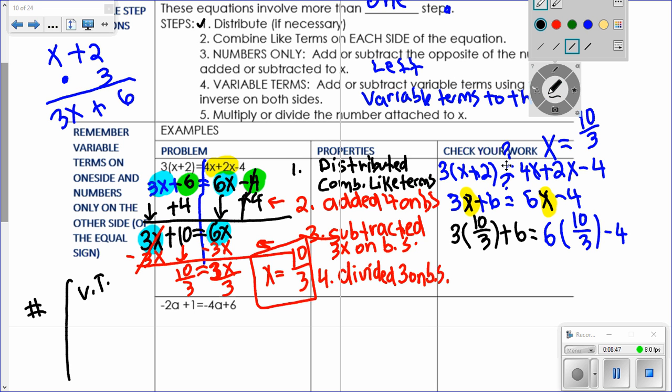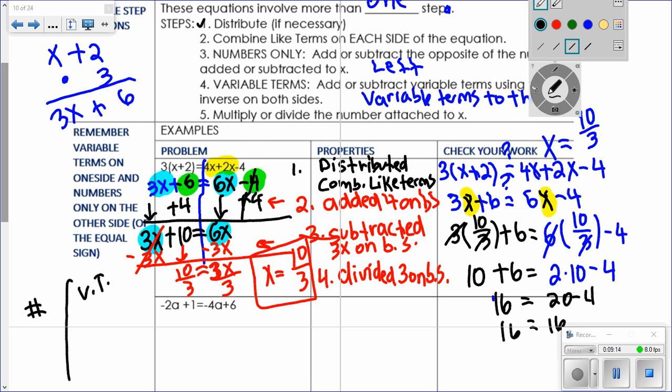Well, the 3's cancel, and the 10 comes down. 10 plus 6 equals, on the right-hand side, 6 divided by 3 is 2 times 10 minus 4. 10 plus 6 is 16. And 20 minus 4 is 16. 16 equals 16. So this is true. The correct answer for the solution, this one solution, is 10 over 3.